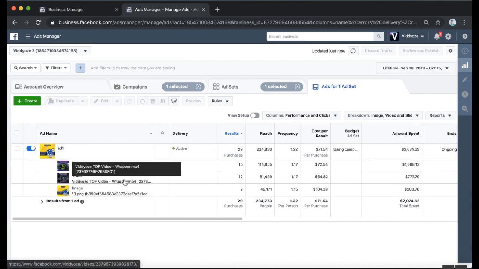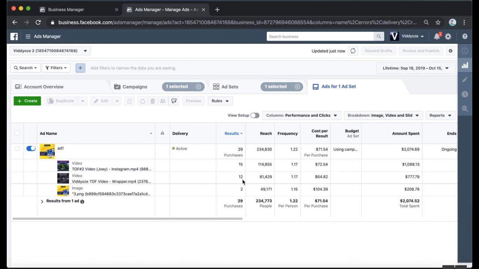This is another one I've been using, and it already got me 12 purchases at a lower cost per result, $64. And I got less than double, but way less impressions or reach than the previous one, at a lower cost per result. So definitely these two are clear winners.